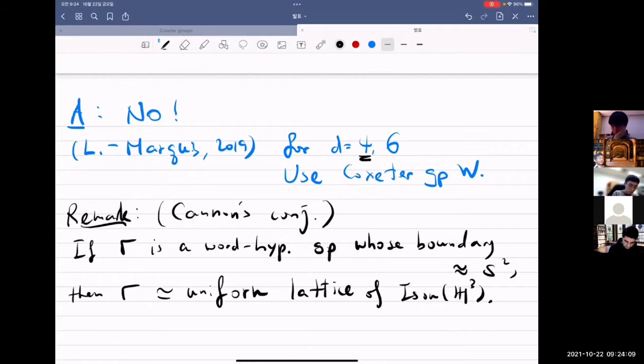So I think many people believe this should be true, but of course still this is a conjecture.